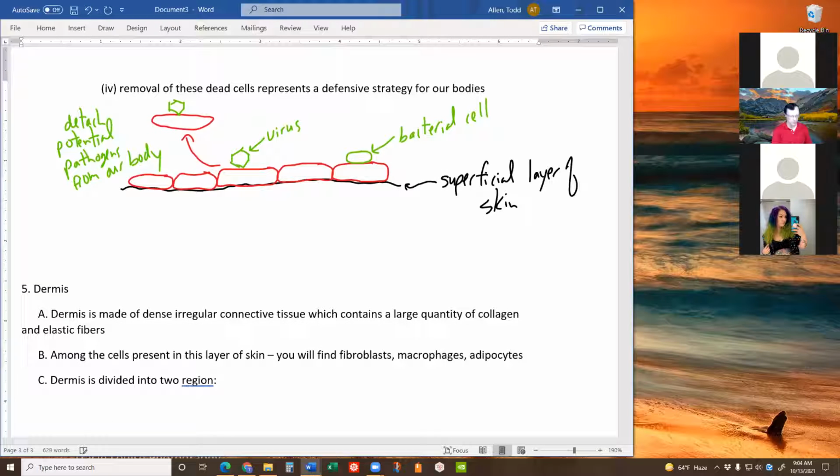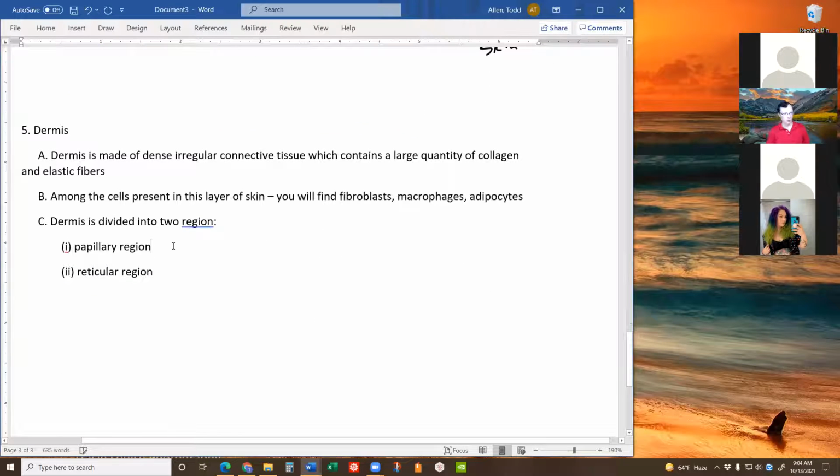Those two regions are the papillary region and the reticular region. And I want to just tell you a little bit about both of those. First, we'll fill in the papillary region.